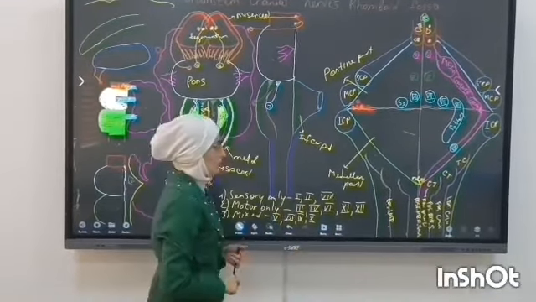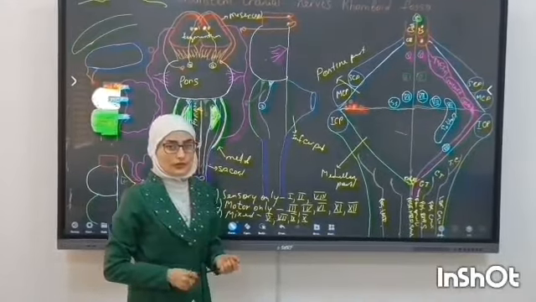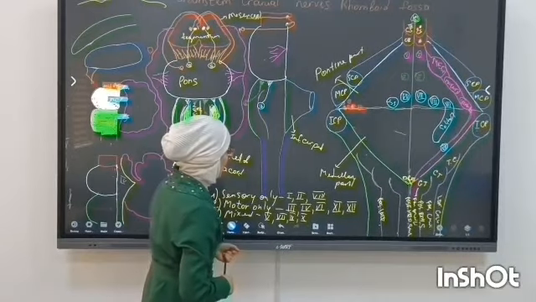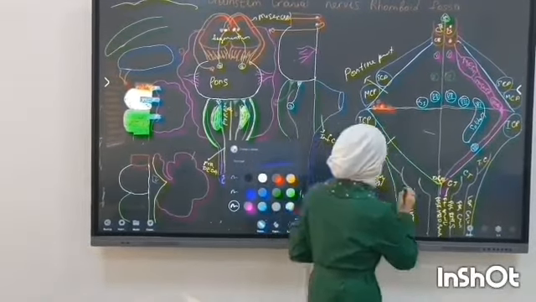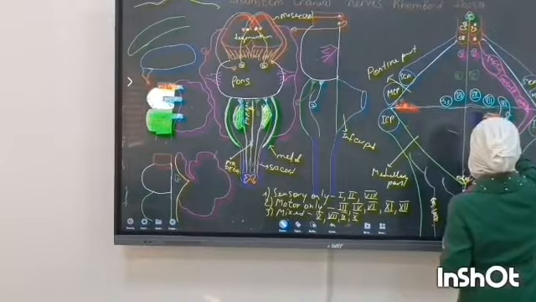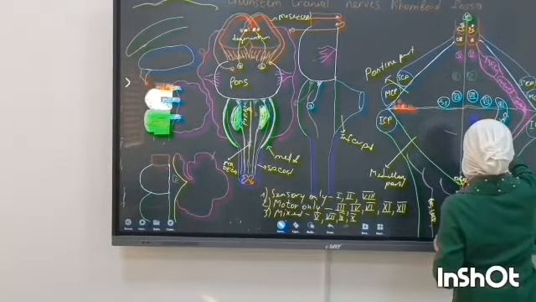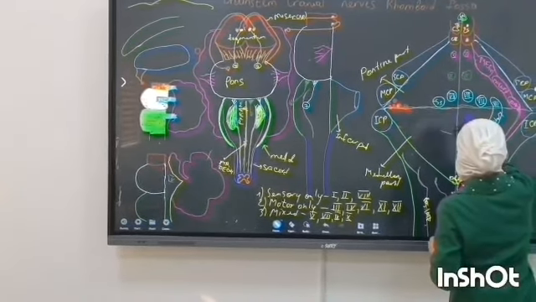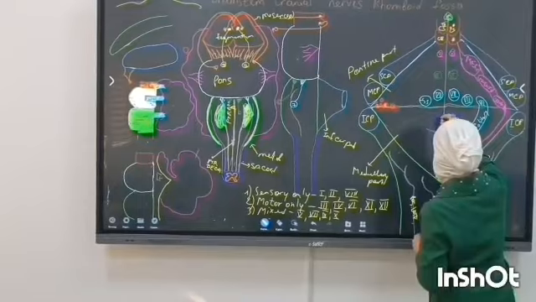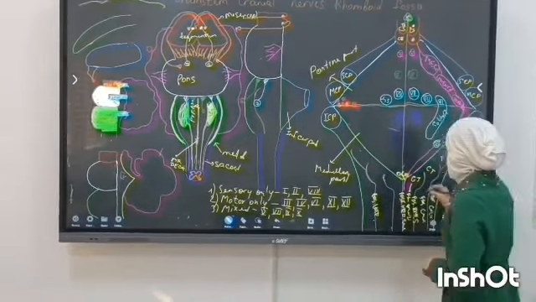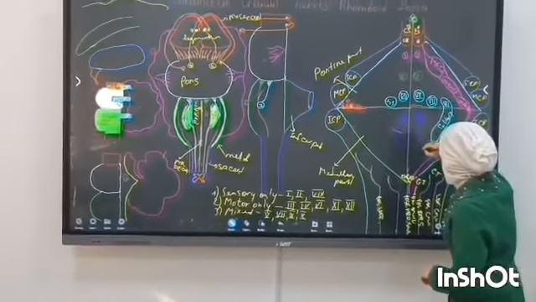Nine, nervus glossopharyngeus. Nervus glossopharyngeus has a motor nucleus, which participates in the formation of the upper part of the nucleus ambiguus. This is the nucleus ambiguus.